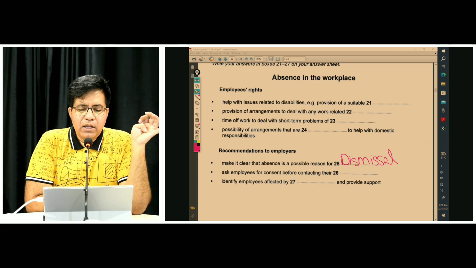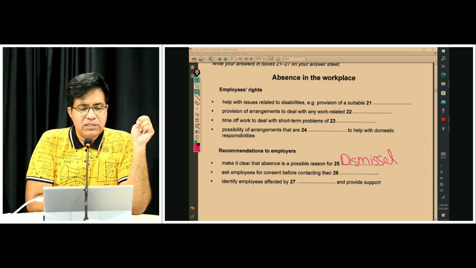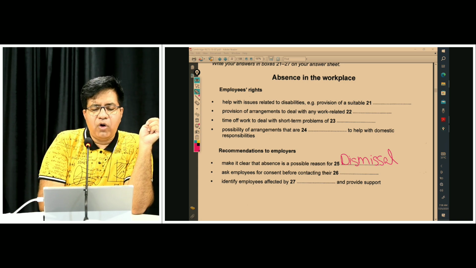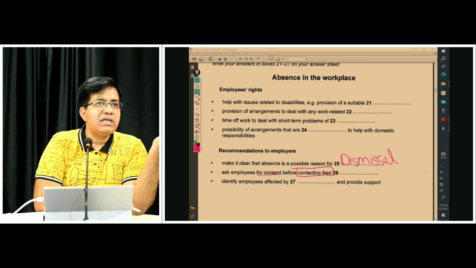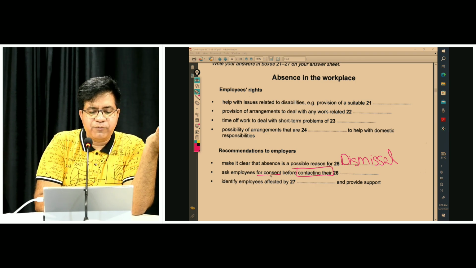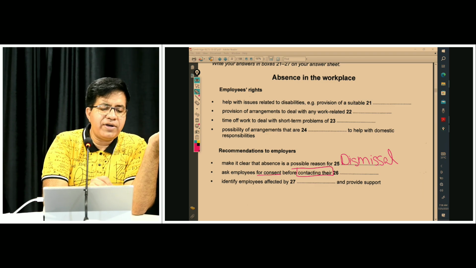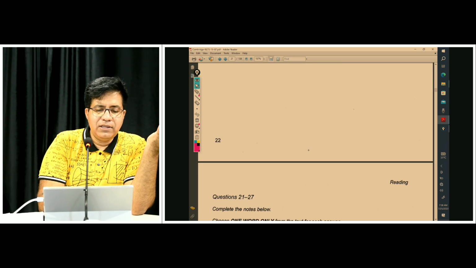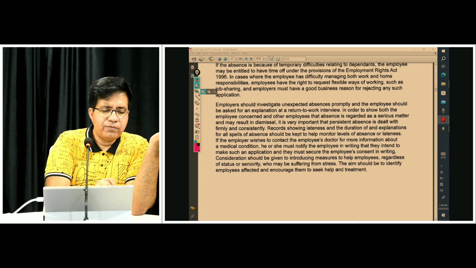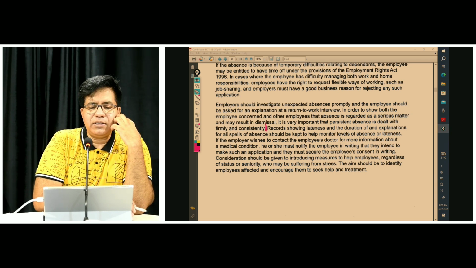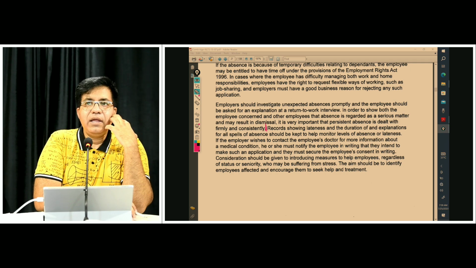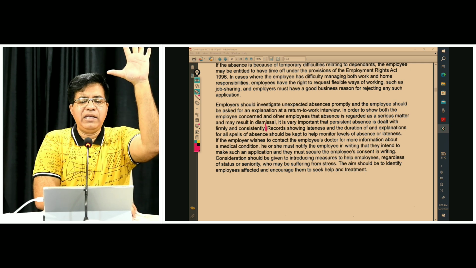Okay. Question number 26, please. Ask employees for consent before contacting their employees. You need their permission. Consent means permission. Ask employees for their permission before contacting their something. So same paragraph. Alright, I'm reading it from here. Records showing. Found it? 5th line, last paragraph.